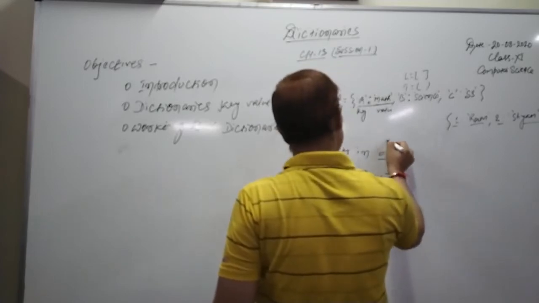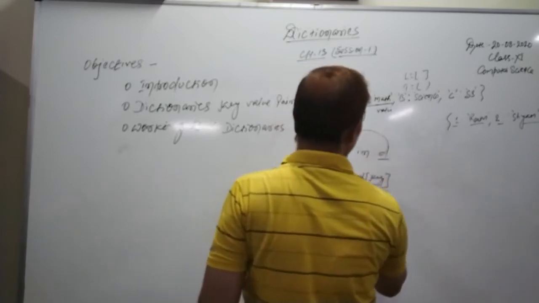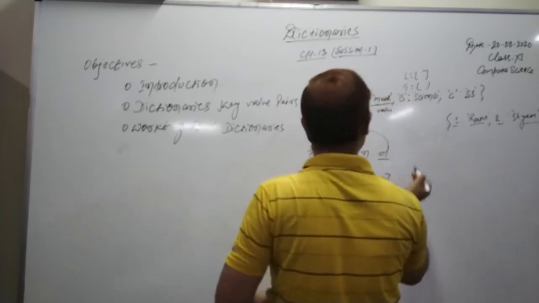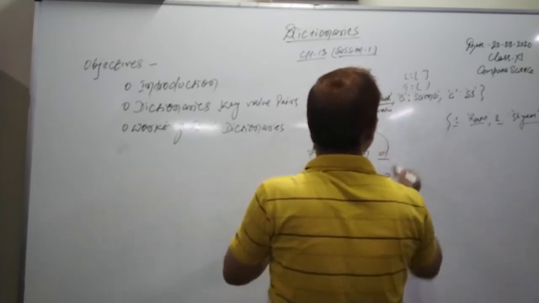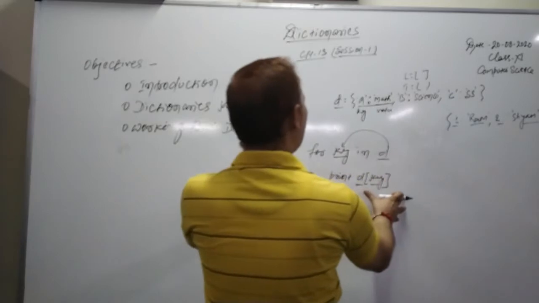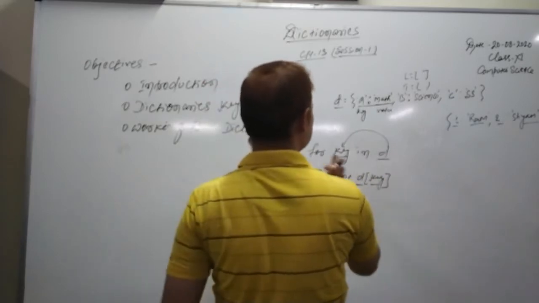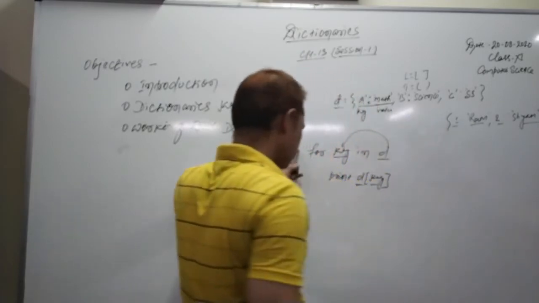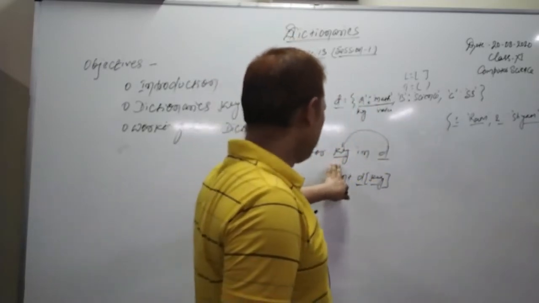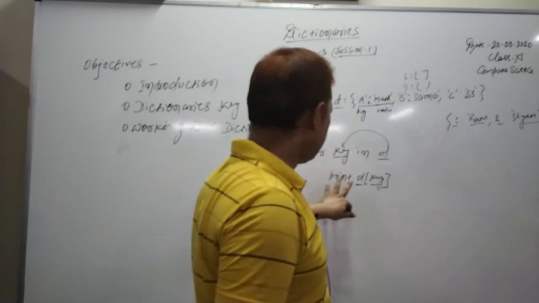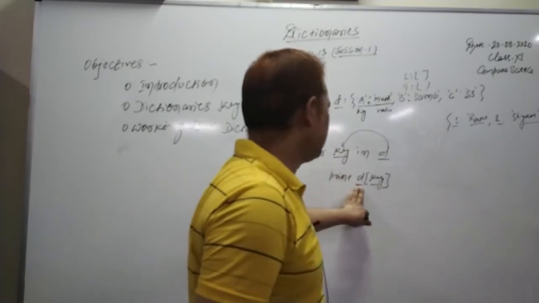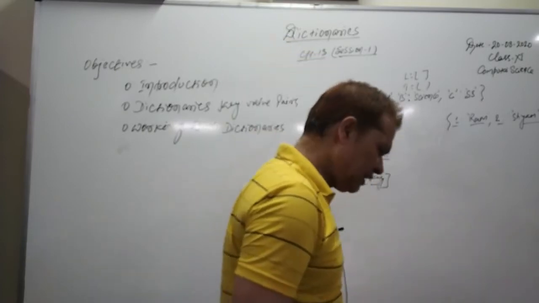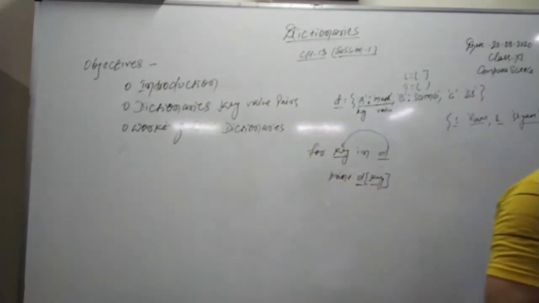So each element is coming to the key, and one by one we want to access it. So D[key] will give you the first element like maths, science and SS. All elements you will get as an answer. This is how you can traverse all the elements of a dictionary. For loop, then the variable name in and the dictionary name, and then you use the print command, dictionary name, and in the square bracket you pass the key, and it will give you the elements of the dictionary. That is how to traverse the elements of a dictionary.